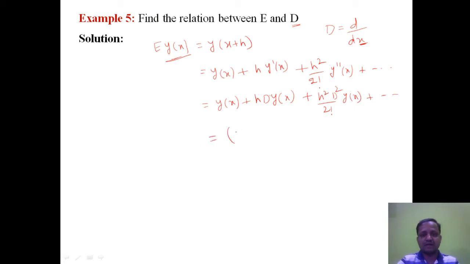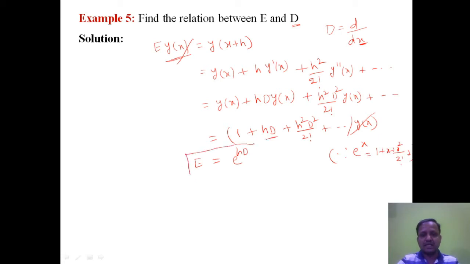Now you can take y of x common: 1 plus hD plus h square D square by 2 factorial plus and so on, on y of x. Cancel out y of x on both sides. So E is equal to, this is nothing but the expansion of E power hD, since we know the Maclaurin series E power x is 1 plus x plus x square by 2 factorial and so on, with hD in place of x. The relation between shift operator and differential operator is E equal to E power hD.